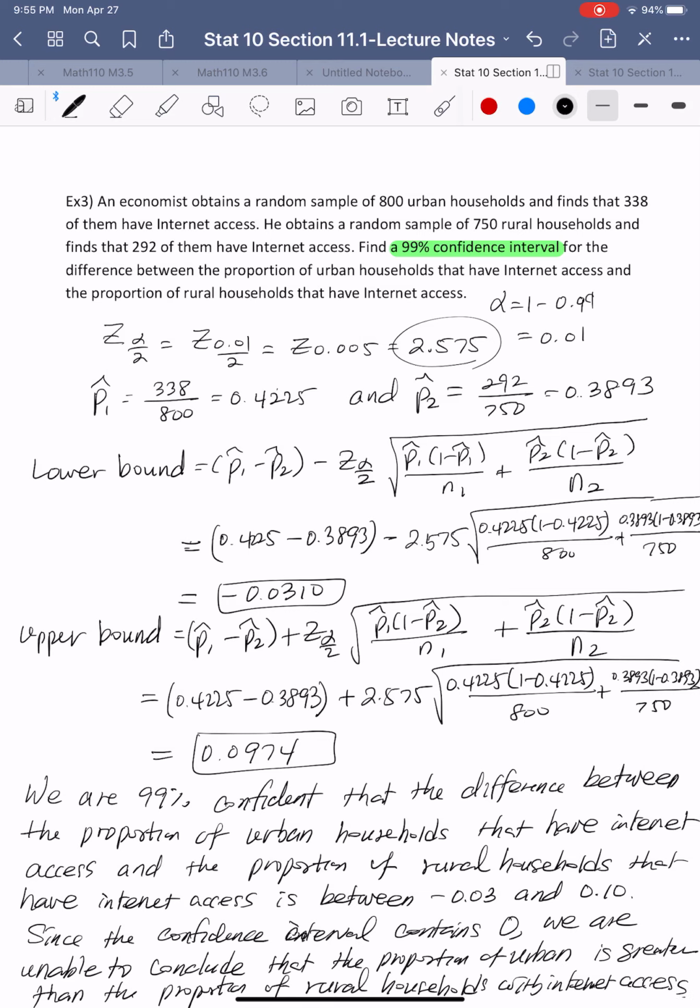Okay, all right, so we can also provide the confidence interval too. So same, it comes out the same way, right?